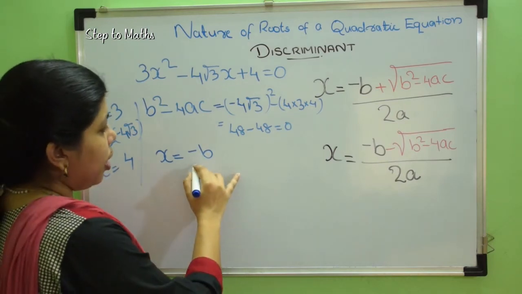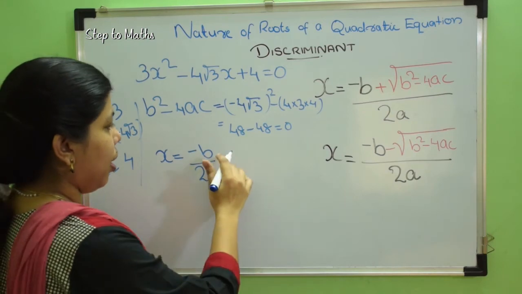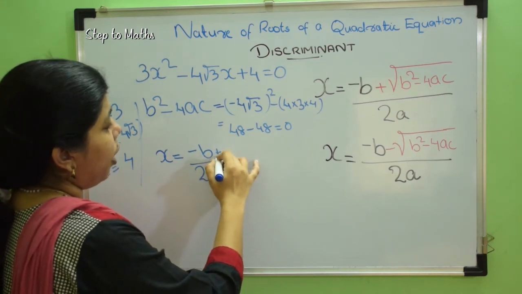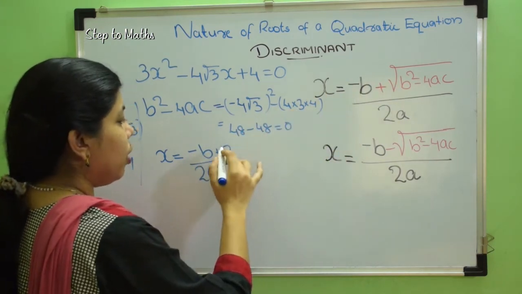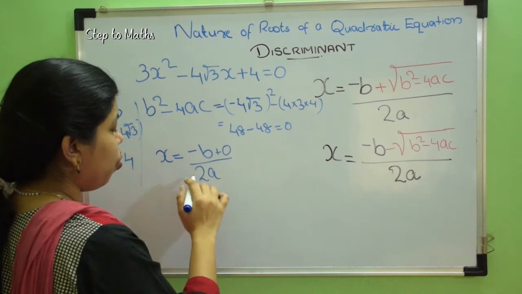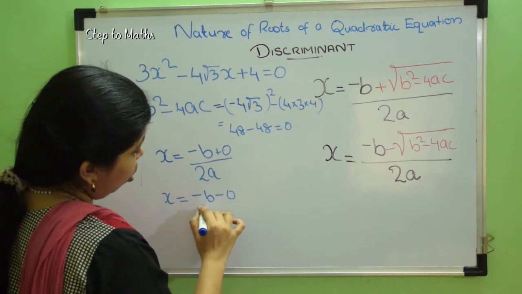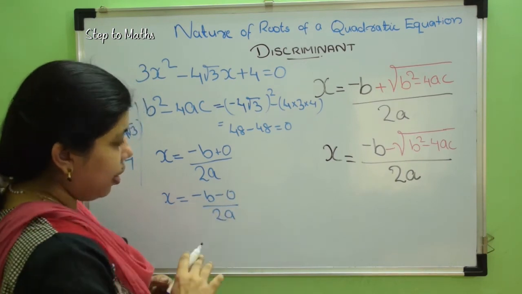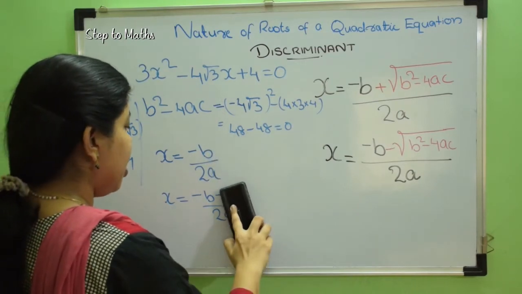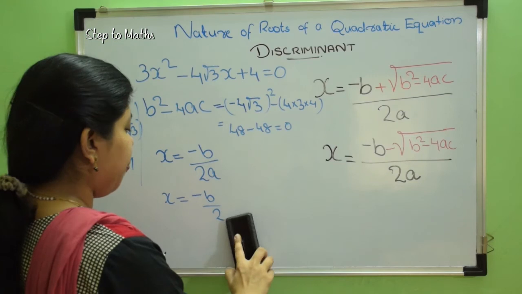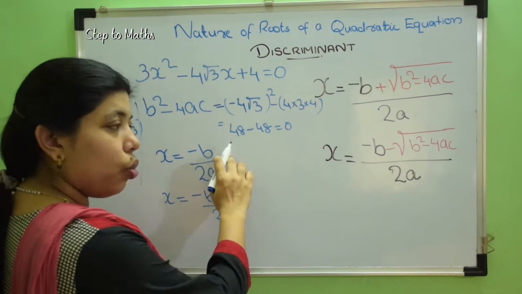So the roots are -b by 2a. If you write the full formula, it is (-b + 0) by 2a, and x is equal to (-b - 0) by 2a. We can write that as -b by 2a and -b by 2a. Two equal roots.